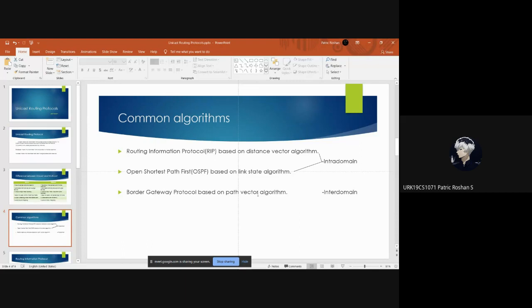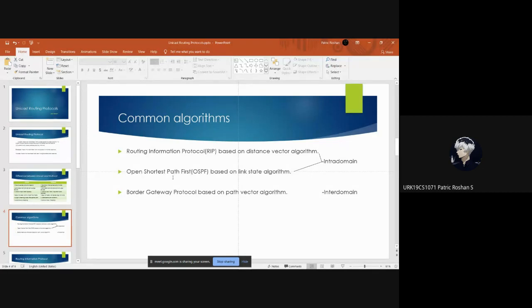Each router receives and saves the most recently received data about the distance vector from its neighbor, and it recalculates the distance vector when it receives a different input or when the link breaks down.